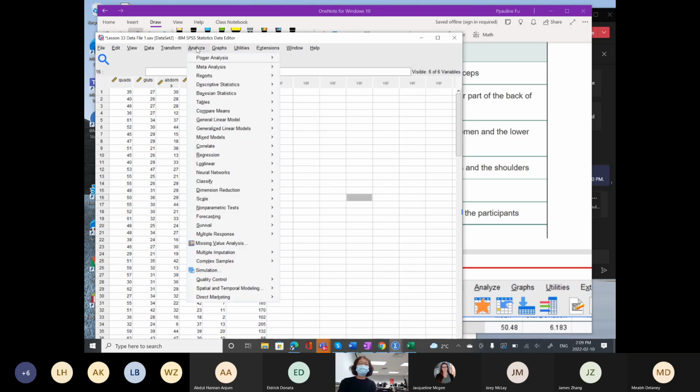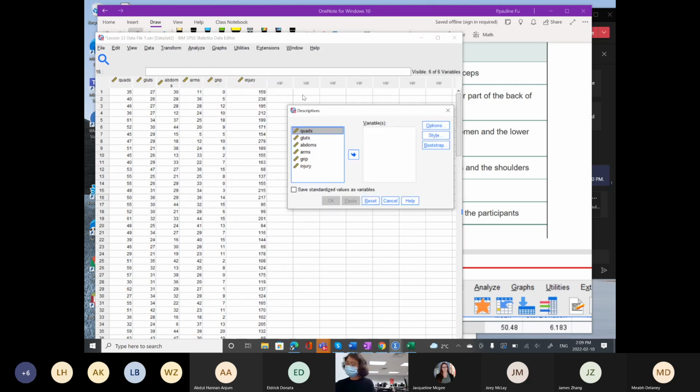So go to Analyze, Descriptive Statistics, and then Descriptives. Move the first 5 variables, and then check Save standardized values as variables.